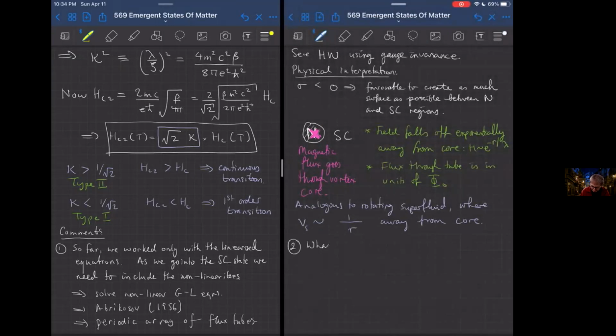What happens as we go further below HC2 at some fixed temperature T? What I want to show you is that there is a phase transition to the Meissner phase, and I want to explain to you how that happens.